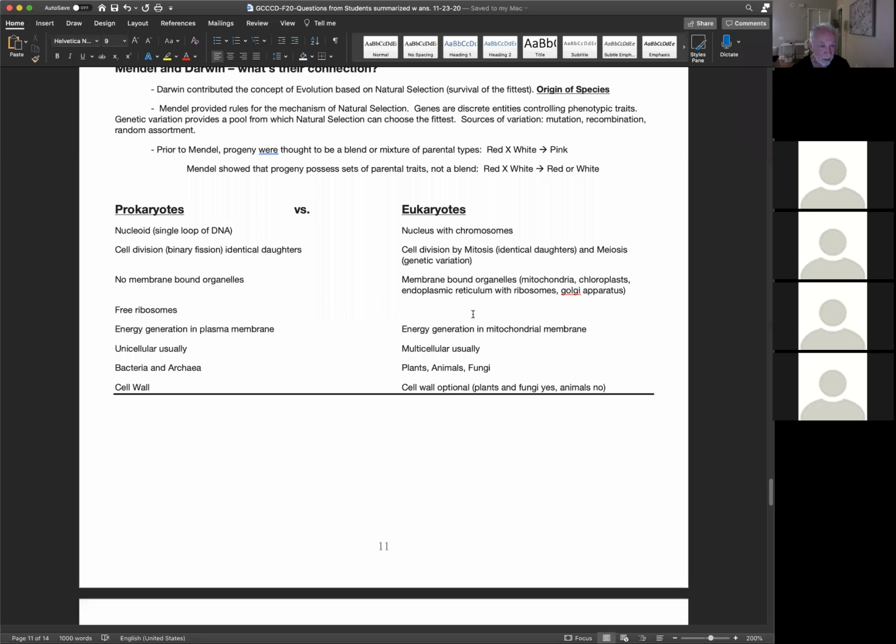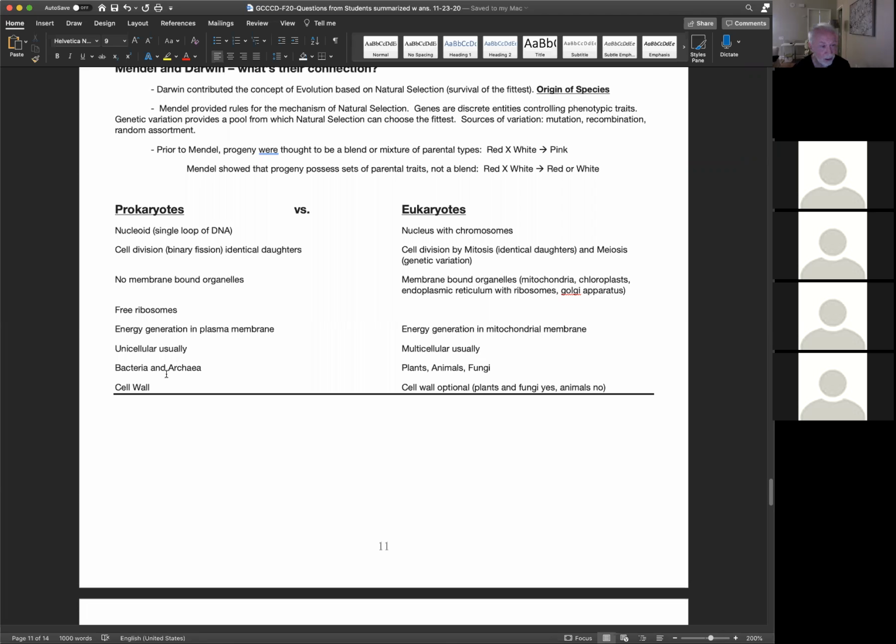Eukaryotes have endoplasmic reticulum, which has the ribosomes. How do prokaryotes generate their energy if they don't have organelles? Well, they do it across their plasma membrane, whereas eukaryotes use the mitochondrial membrane. Most prokaryotes are single-celled. Most eukaryotes, not most but not all, are multicellular.